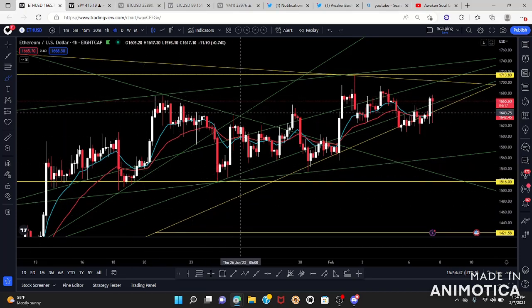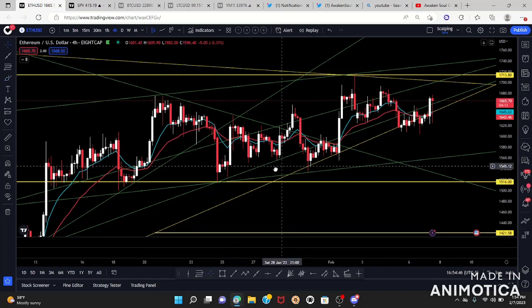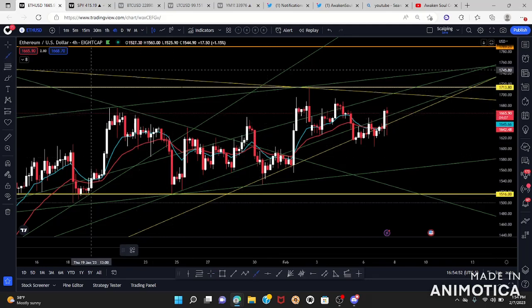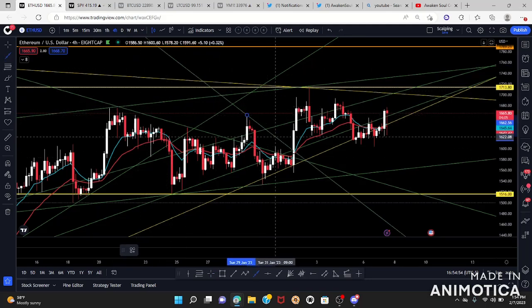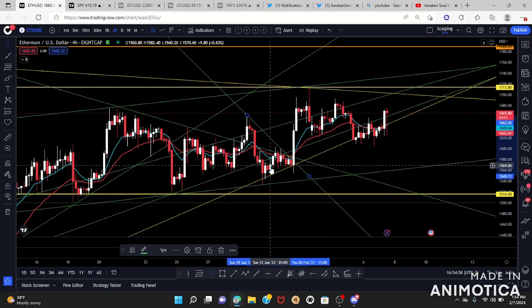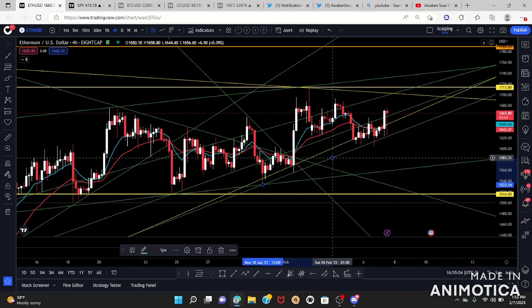So we had this 4 hour trend line, then we came down, right? Then we're going up here, we came back down. So this just serves as a trend line here. Because we came down here. So from this, we bounce back up, right?